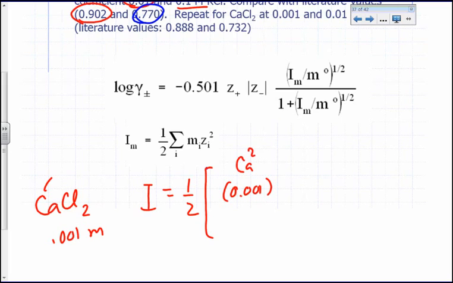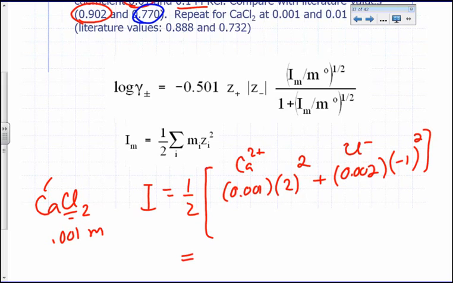The charge of calcium is +2, and you square that. Plus the concentration of chloride is 0.002. There are 2 chloride ions in 1 calcium chloride, so it's going to be 0.002, and the charge of a chloride ion is -1, and you square that. So your ionic strength is 1/2 of 0.001 times 4 plus 0.002.